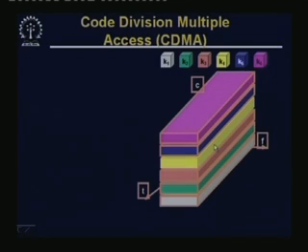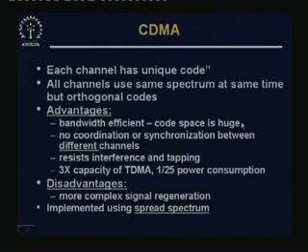So, this is the picture, which is a funny picture, because for the entire time, for the entire frequency band, all the channels are using it at the same time. Each channel has a unique code, as I mentioned. All channels use the same spectrum at the same time, but with orthogonal codes. It is bandwidth efficient, and its capacity is also quite good.